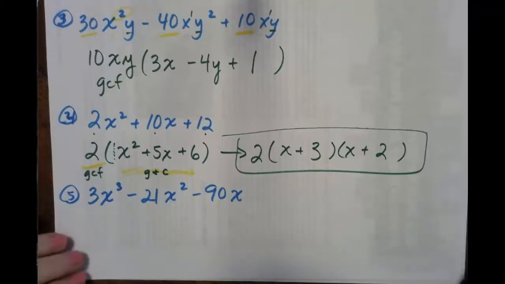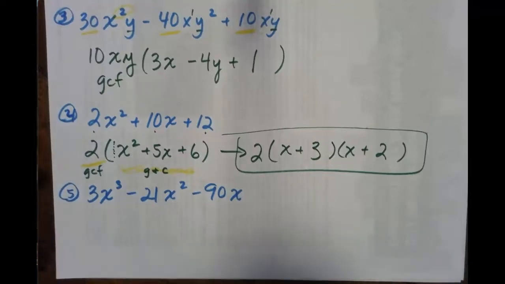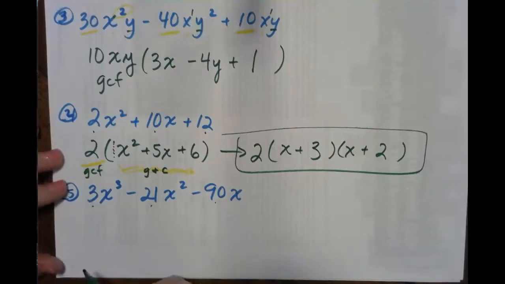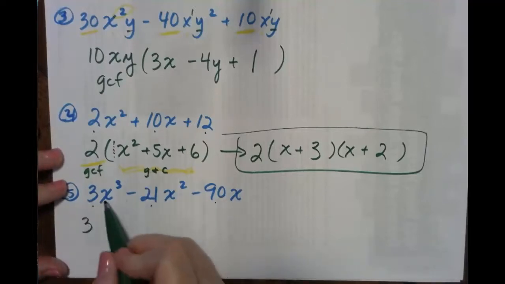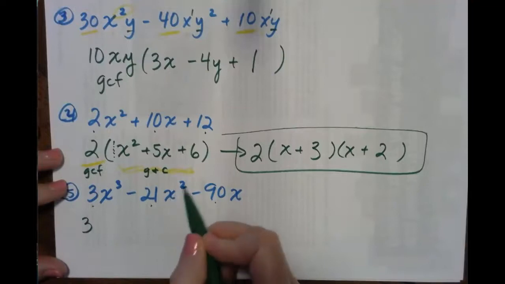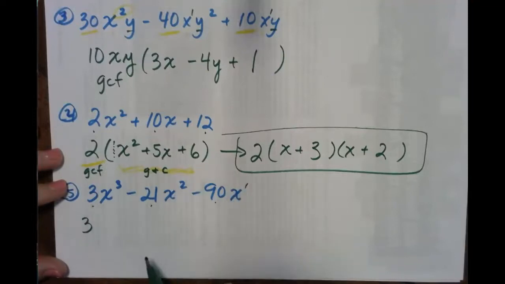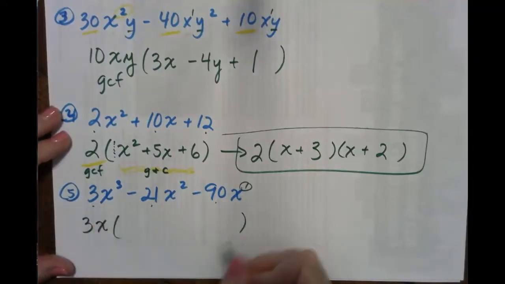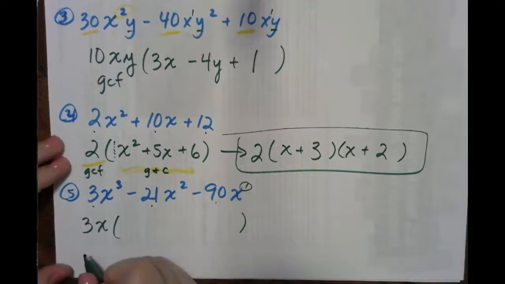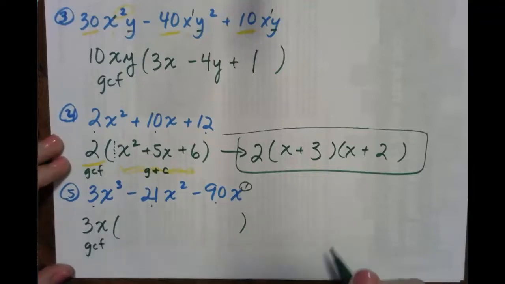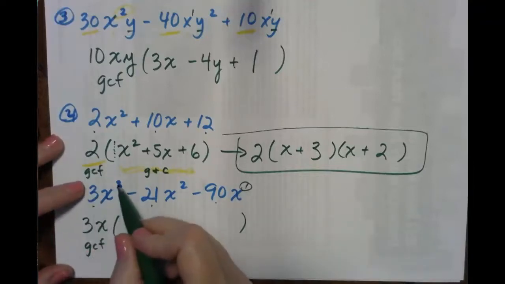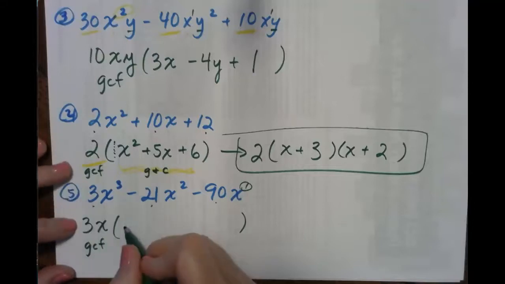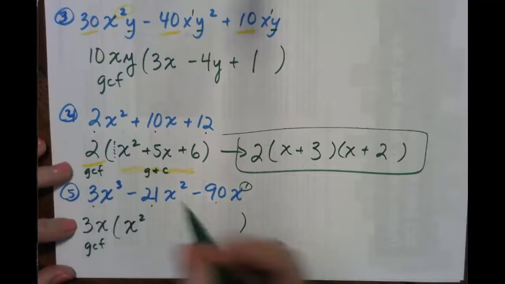Let's do it again on number 5. So what do we have that we can take out? 3, 21, and 90, all divisible by 3. X cubed, x squared, and x. There's at least one power of x in every term, so we can take out 3x. 3x is the GCF. 3x cubed divided by 3x leaves x squared.